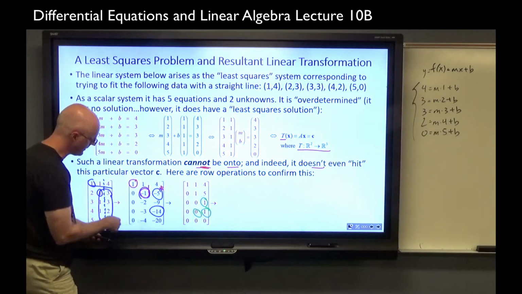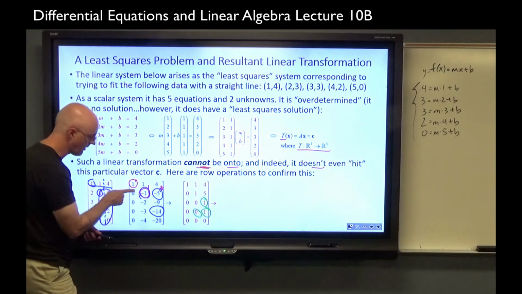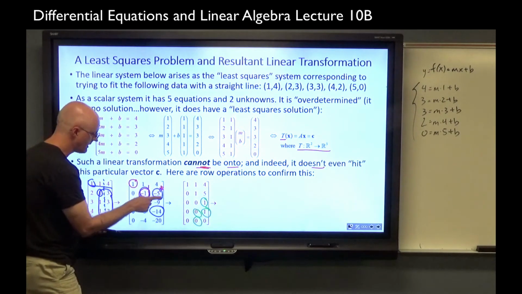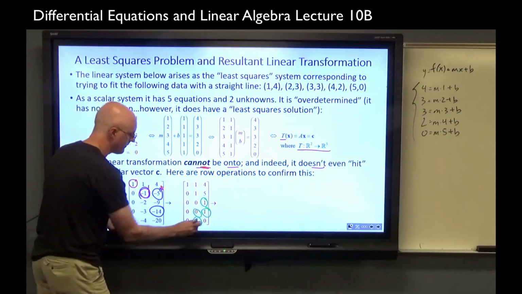Finally, for the fifth row, I multiply the second row by +4 when I have a 1 and 5 there to make this a 0 here. And 5 times 4 is 20. 20 plus -20 is 0.